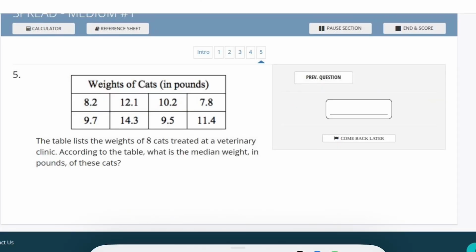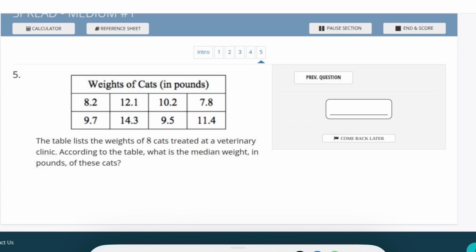Number 5, our last question for the medium one-variable data distributions. The table lists the weights of 8 cats treated at a veterinary clinic. According to the table, what is the median weight in pounds of these cats? Median, once again, is found by putting the data into increasing order.